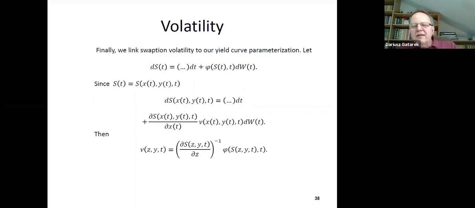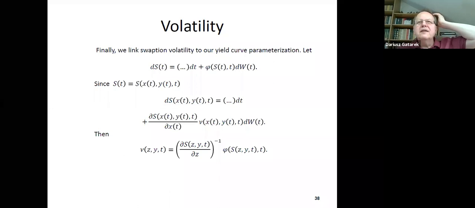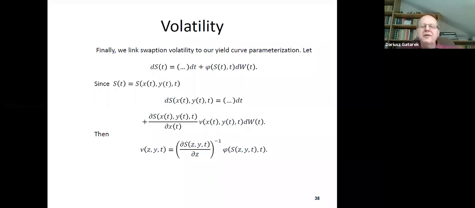So I think, ladies and gentlemen, that is it. I may be wrong, but I've told you the most important practical, but with theoretical flavor, things about interest rate modeling.